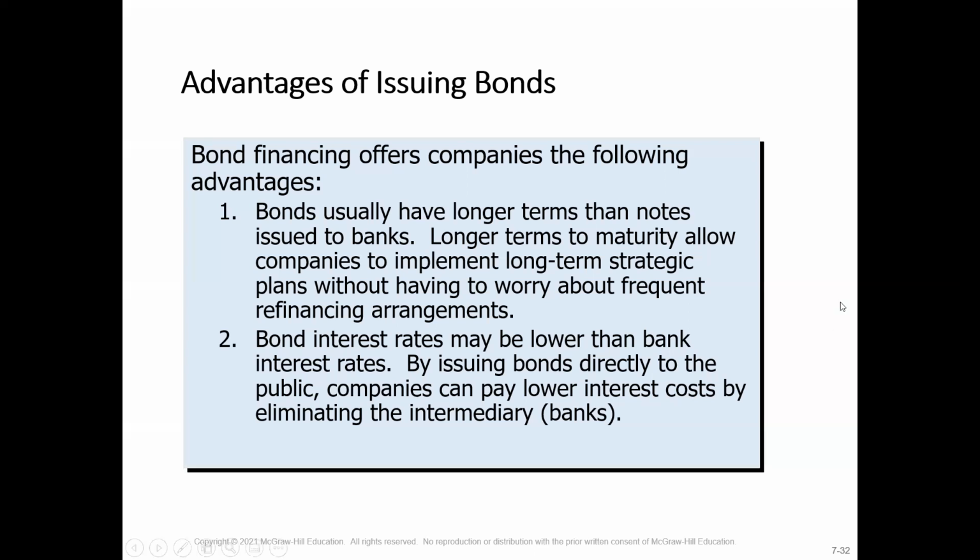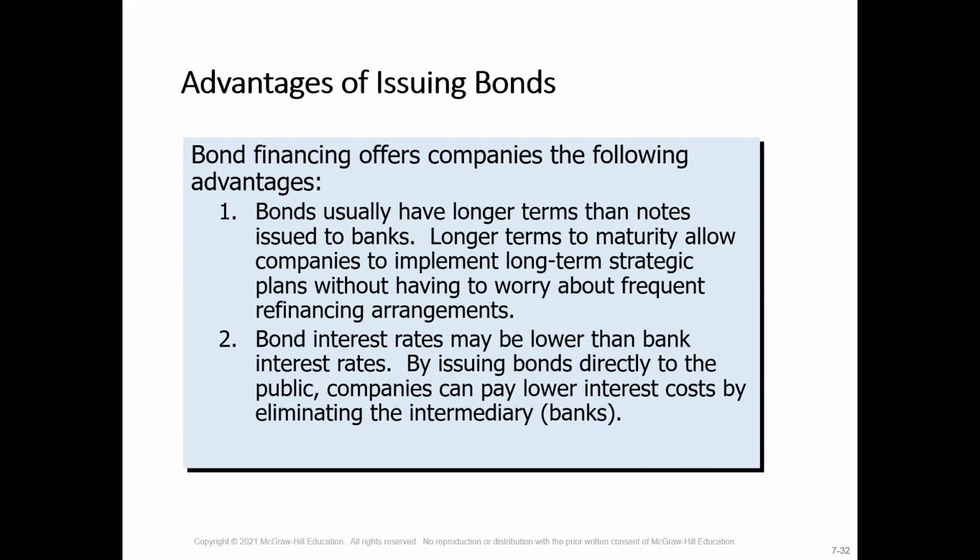So with longer terms, you've got time to build up the cash reserves to get the bond principal repaid. If you do have lower interest rates, that of course benefits the company by not having to pay as much cash out in the form of interest.